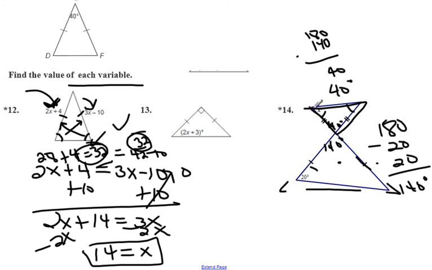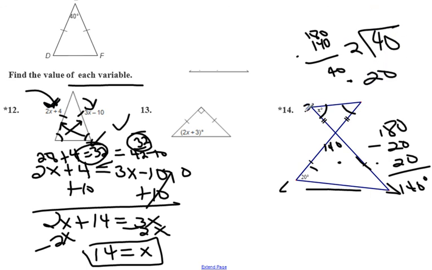But that 40 degrees has to be split evenly amongst the 2 congruent angles, this angle and this angle. So the only way to split 40 degrees evenly amongst 2 is to divide by 2. So this angle is 20 and this angle is 20. So x is 20.